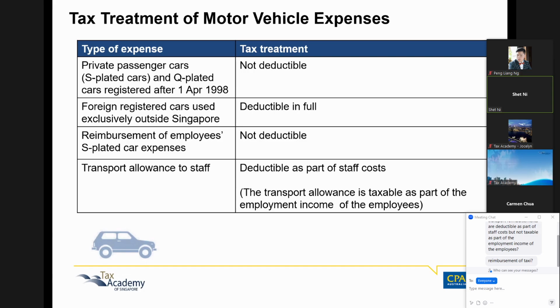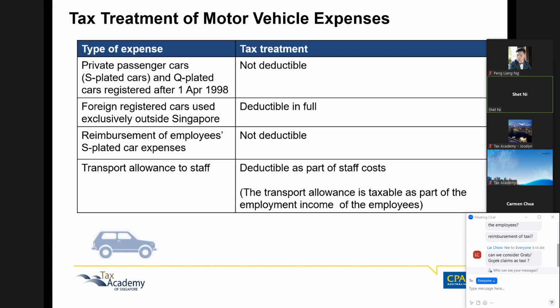Like I say, as much as possible, I want to scope the questions here to the issue of corporate tax, so that we can cover the course content. If you have questions on the treatment of individual income tax, please check with the helpline or check with your tax agent.